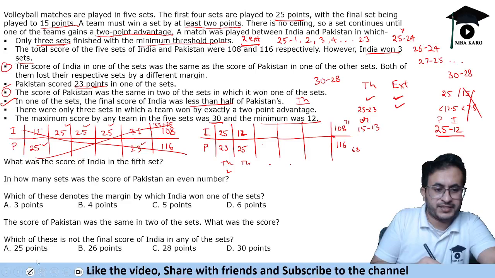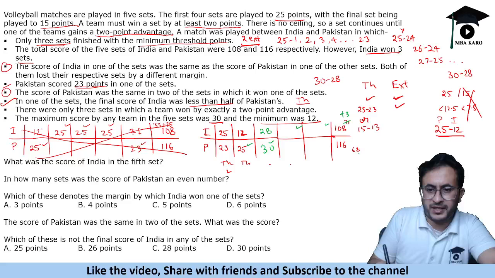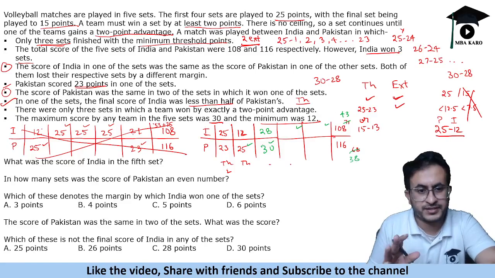So let's say Pakistan gets 30 points, India should get 28 in this. Now Pakistan has won this match, India should win these 2 matches. Now total remaining is 43 in these 2 matches, and for Pakistan the remaining is 38, right? That's what we get from this information.